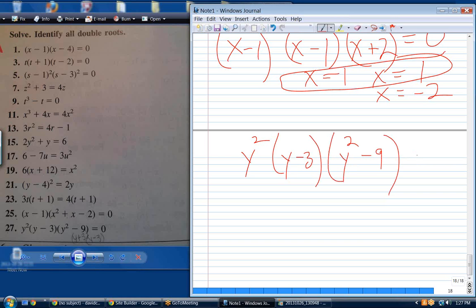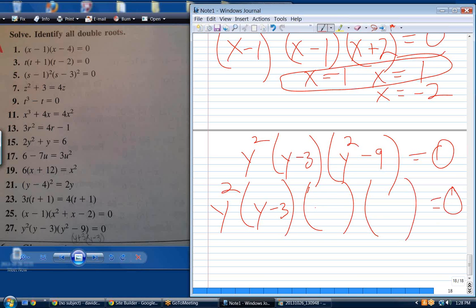So how many answers are we going to have here? Before we do any, it looks like 5. Okay, good. What can we factor? We can do the y squared minus 9. How's that factor? Difference of perfect squares?